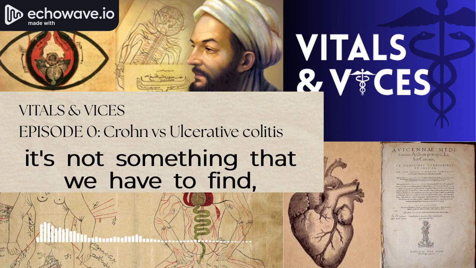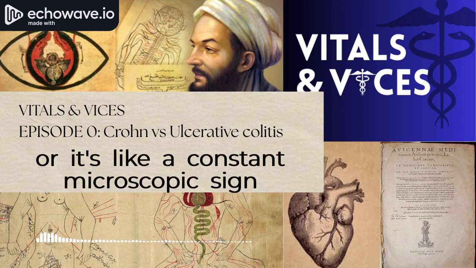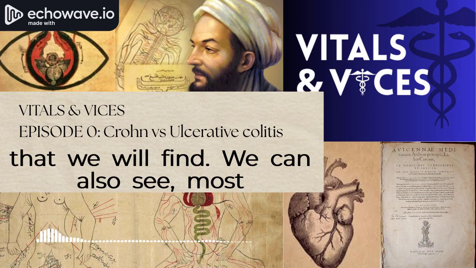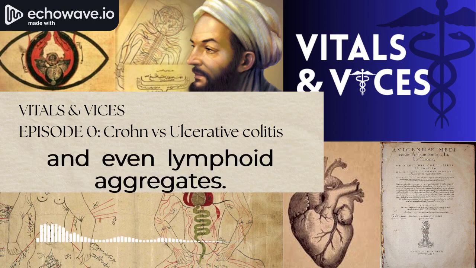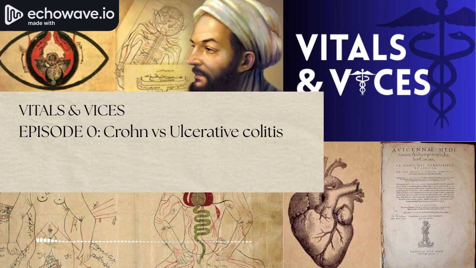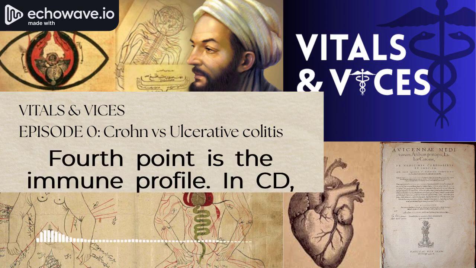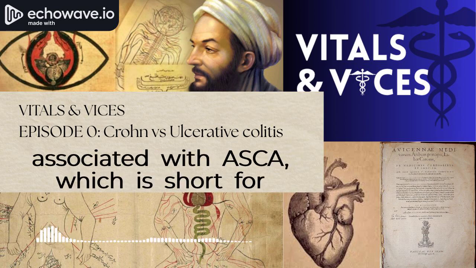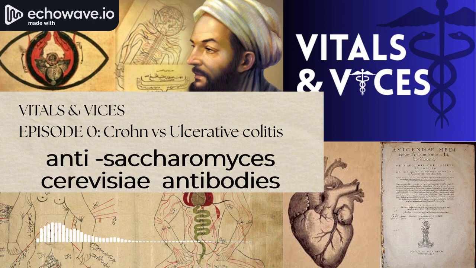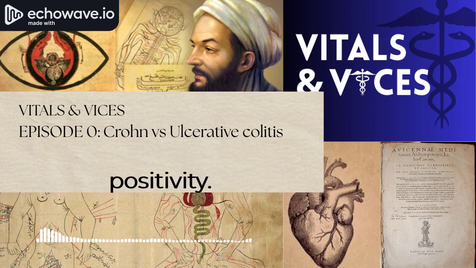So it's not something that we will always find. We can also see fissures, deep ulcers as well, and even lymphoid aggregates. Fourth point is the immune profile. In CD, it is mostly associated with ASCA, which is short for anti-Saccharomyces cerevisiae antibodies positivity.